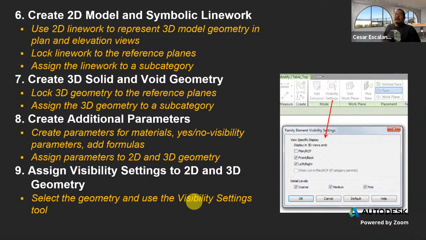Maybe the equipment looks good with all the details in elevations. When you see it in plan, you just see a box. So the box is a symbolic representation visible in plan. And then the full geometry is only visible in front, back, left, right, but it's not visible in the plan view.